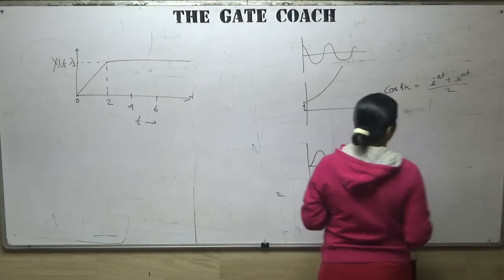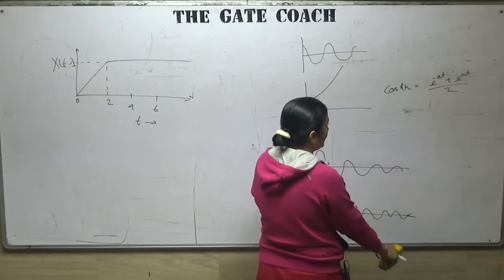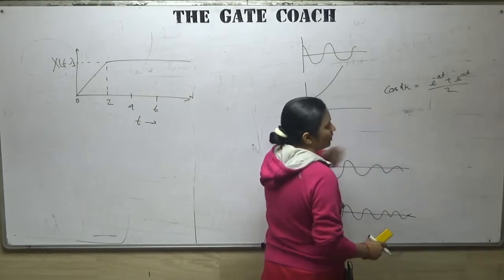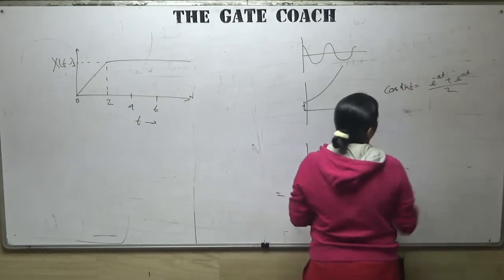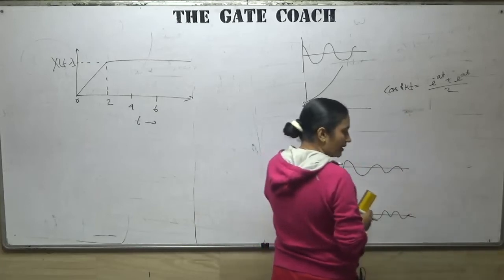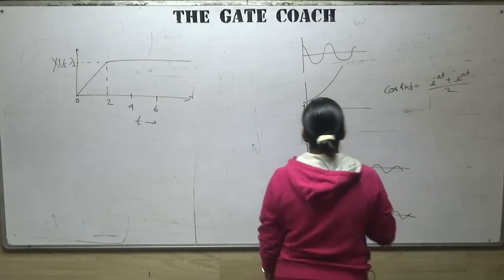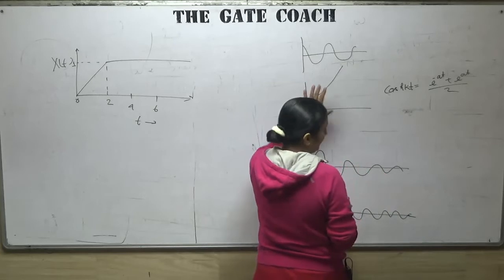Something like that, I don't remember exactly. And similarly cos hyperbolic kt. When the graph is plotted, a few points are considered, but the final graph comes like this.